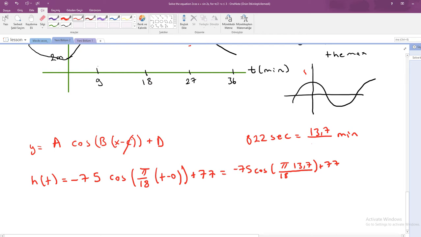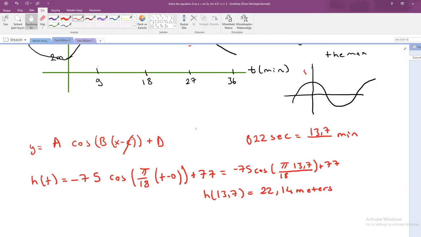Pi times 13.7 over 18, plus 77. The answer is 22.14. Okay, so our h at 13.7 equals 22.14 meters.